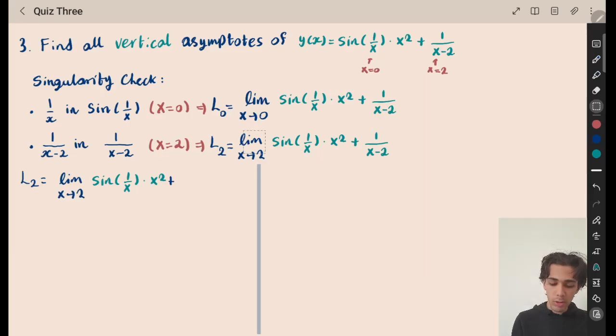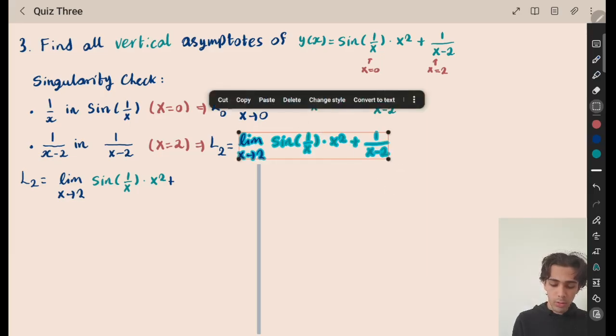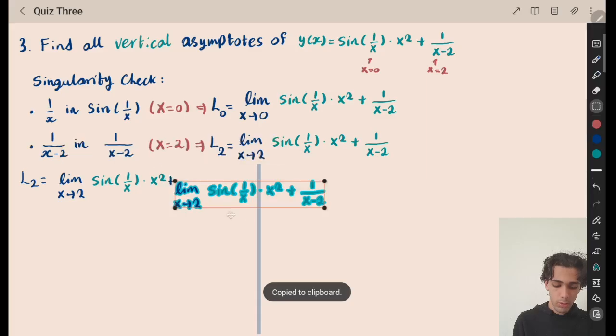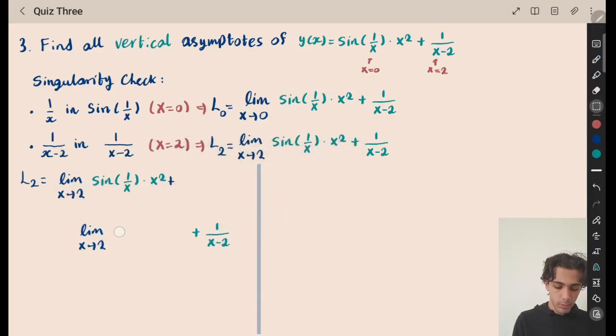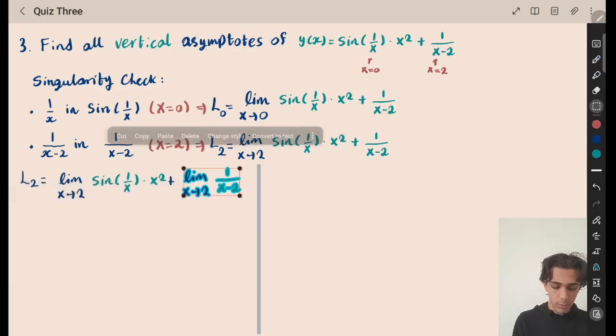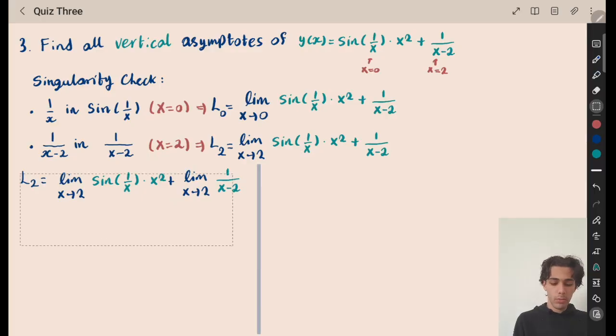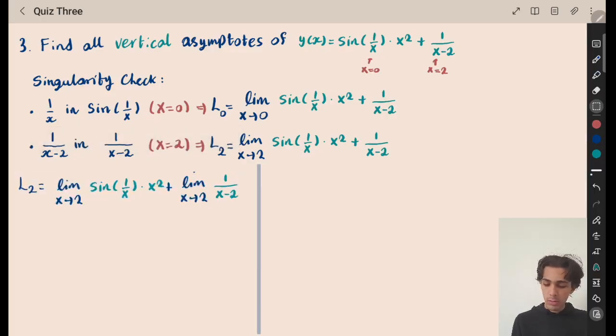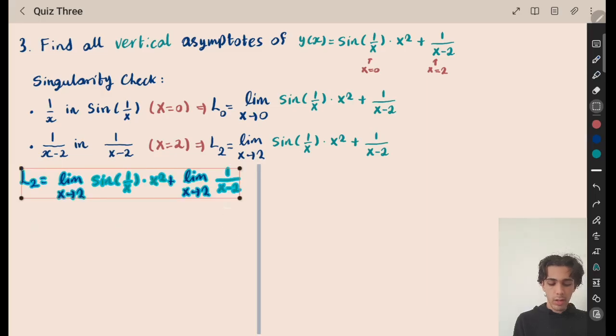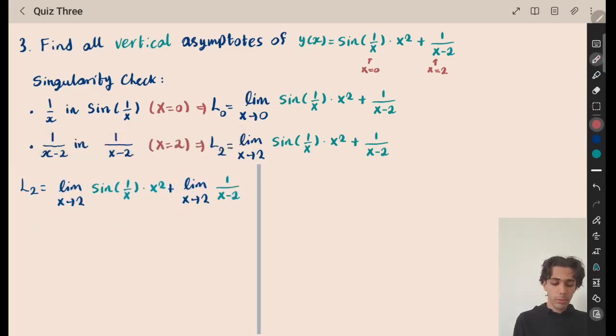And you'll see in a moment why this is useful. So this is now two limits.